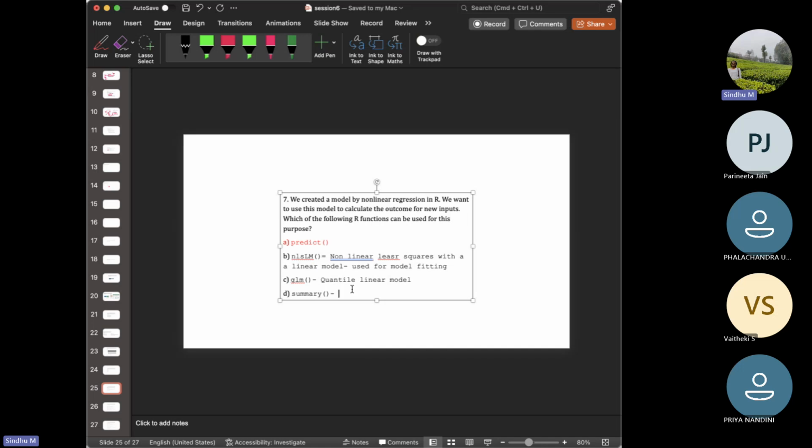It is used for giving some statistical measures of a column, like maybe the mean, median, variance, and so on. So that is the summary function.